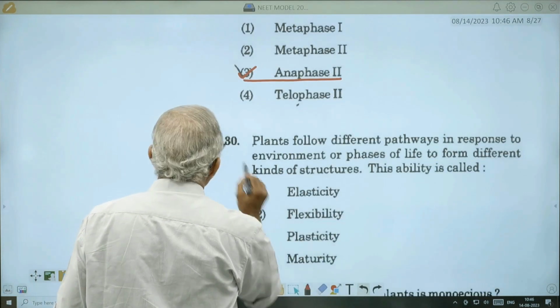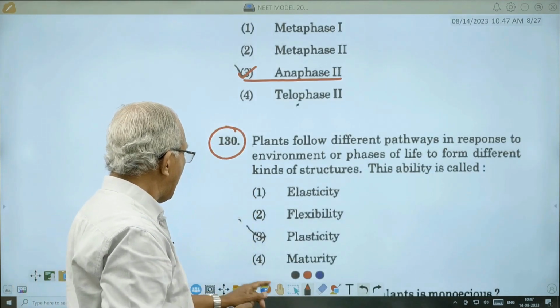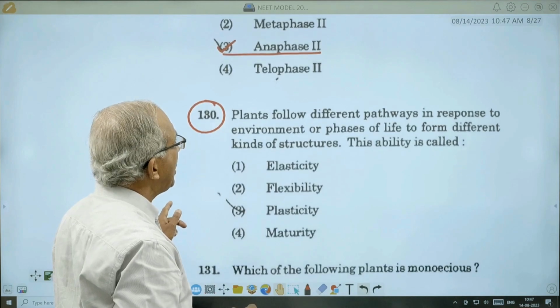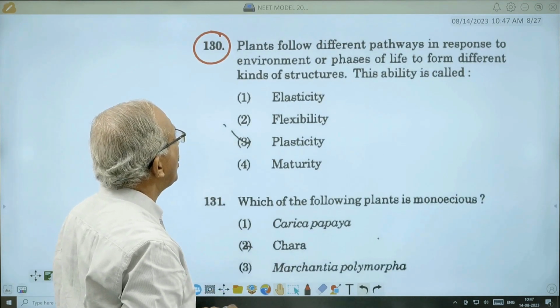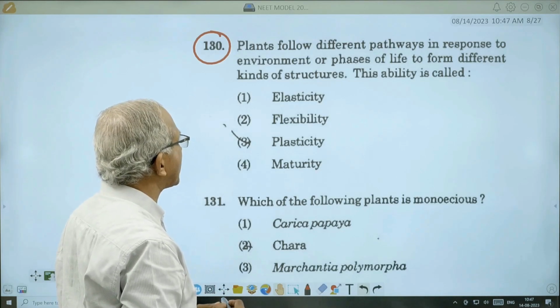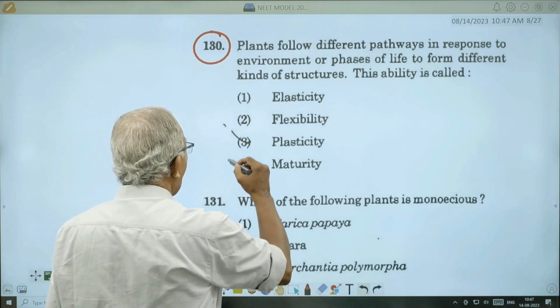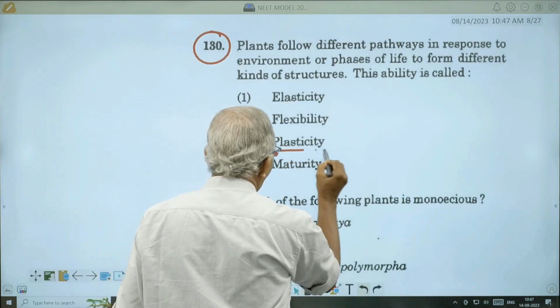Next question. Plants show different pathways in response to environment or phases of life to form different kinds of structures. The phenomenon is known as plasticity.